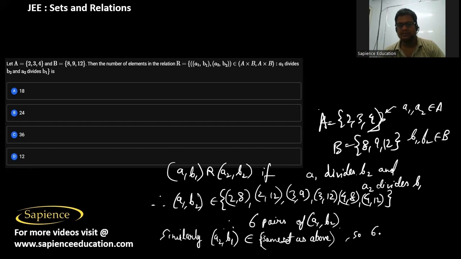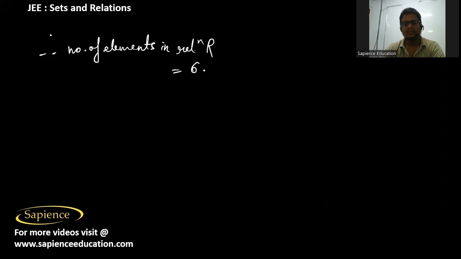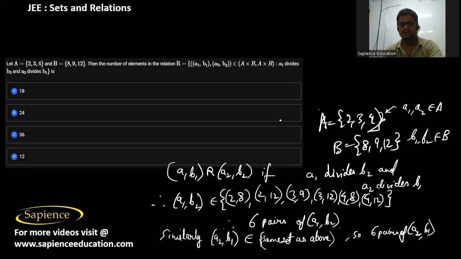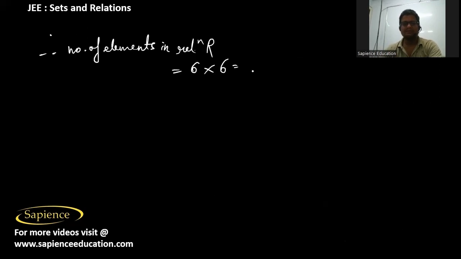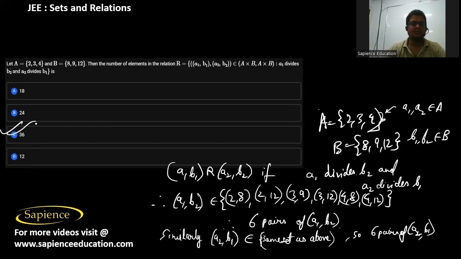So therefore we will have six pairs of A2 comma B1 also. Now therefore the number of elements in the relation R will be equal to 6 into 6, since we have six pairs of A1 B2 and six pairs of A2 B1. So therefore 6 into 6 will be 36 elements. So option C is the correct answer.